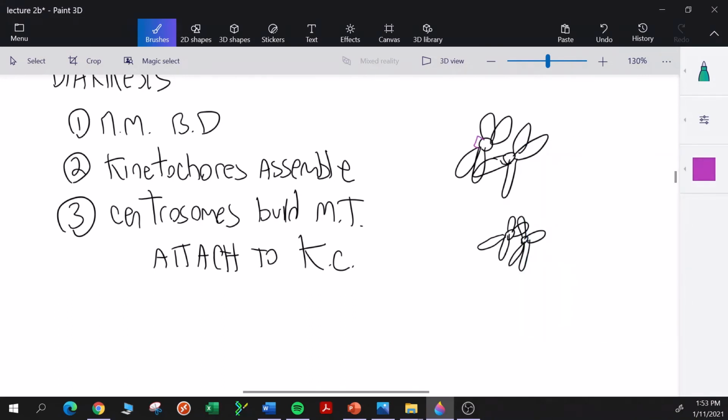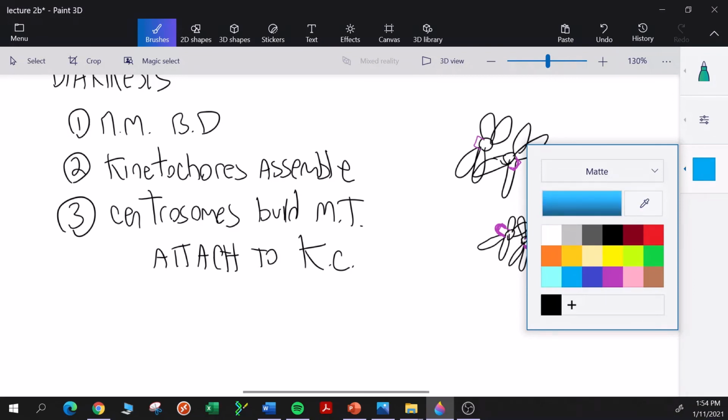Each chromatid will have a kinetochore assembled onto it at the centromeric region, but during meiotic prophase one, the two kinetochores on the same chromosome will act as a single unit. That's a detail, and I don't really understand exactly how the cell causes them to act as a single unit, but they do.